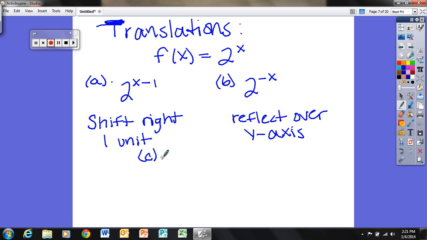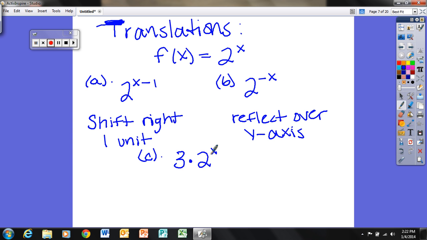And then this is just going to be the last example for this section here. Letter C. The function is going to be 3 times 2 to the x. So we know this is an exponential function. Again, a is our initial value here. b is 2. That's our base. But how did I get from 2 to the x to 3 times 2 to the x? We didn't do anything this time to our x value. Notice in these two, we did something to our x value.